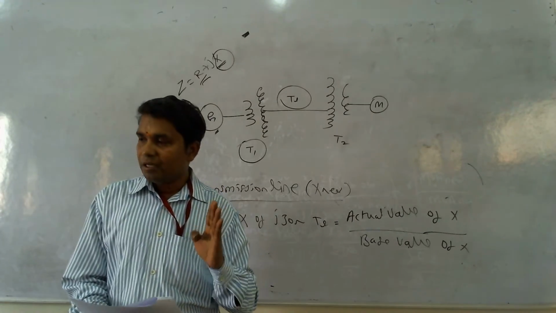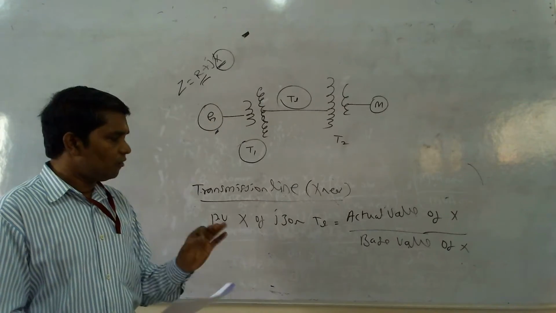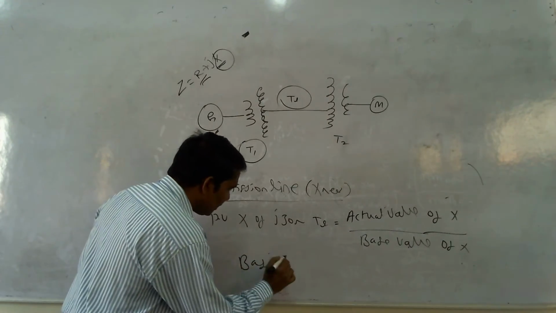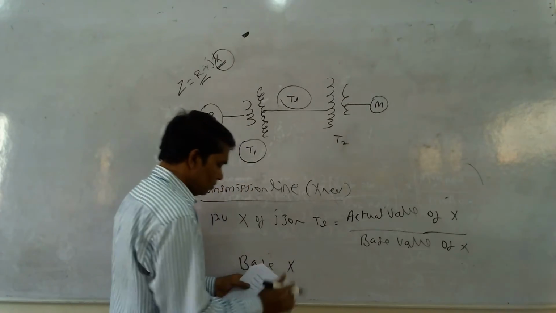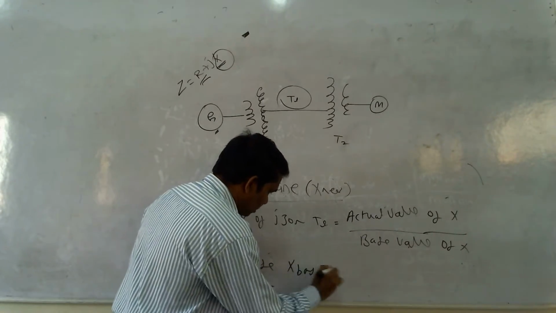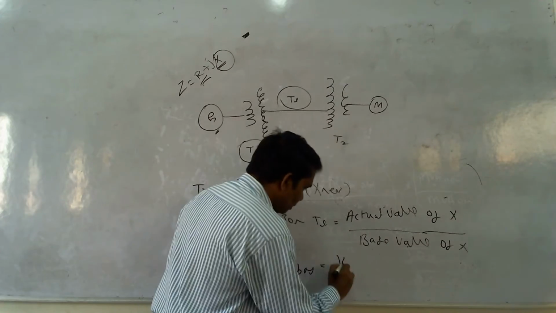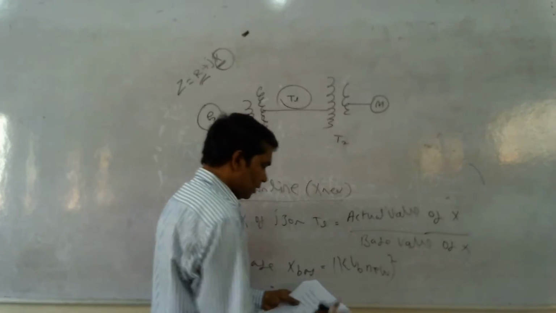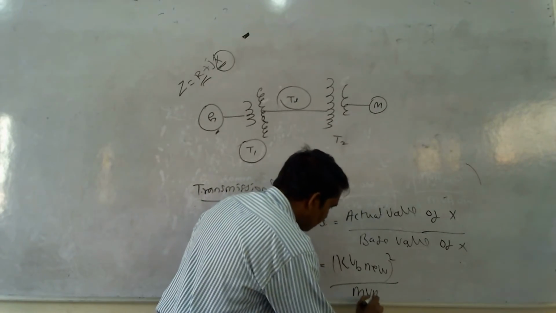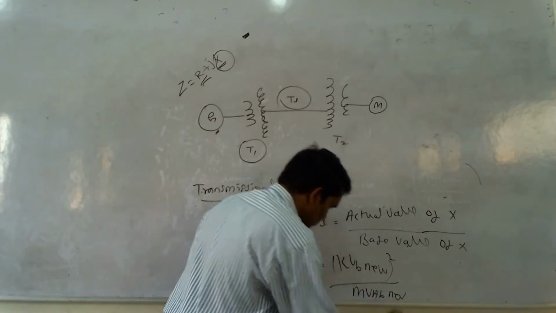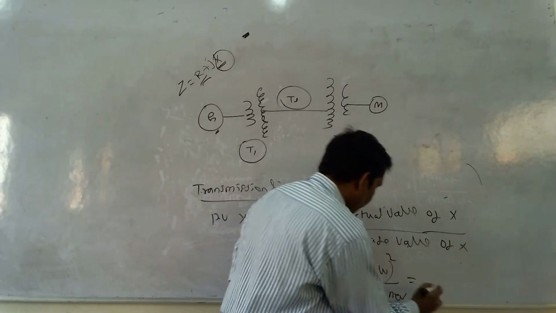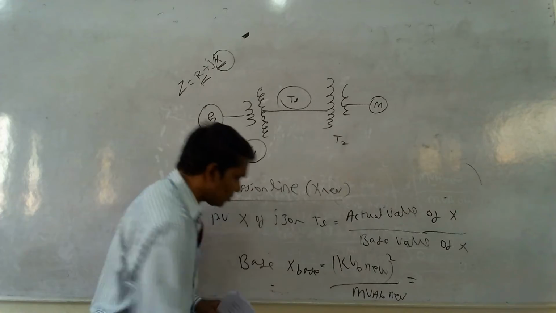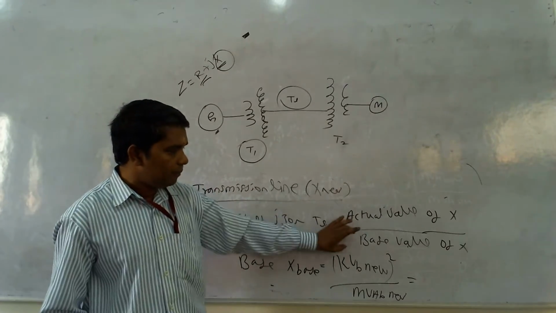So for the base value we have to calculate, for which another formula is used, the base impedance or reactance: base equal to kilovolt base new square divided by megavolt ampere base new, right? So this formula has to be used for the base value calculation, because the actual value is given but the base value is not given.